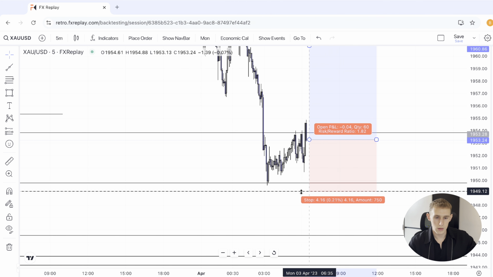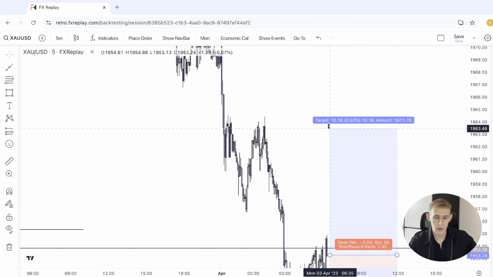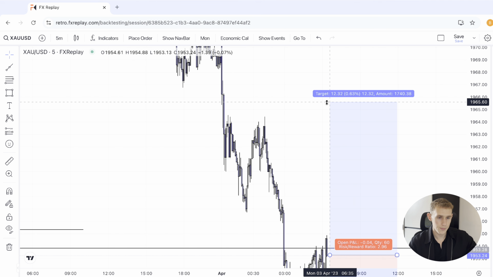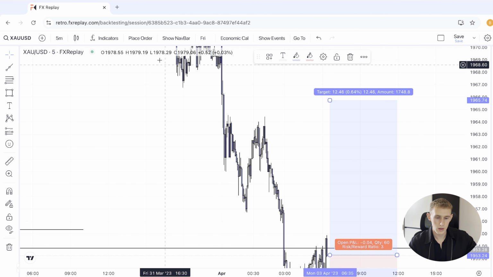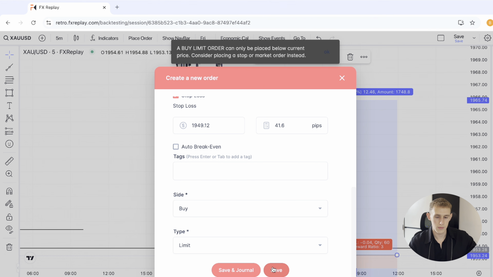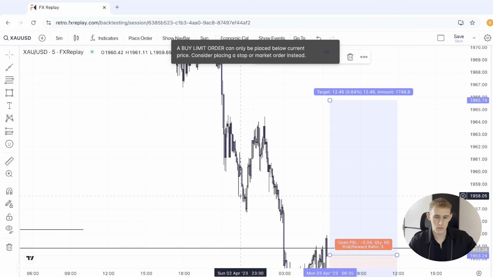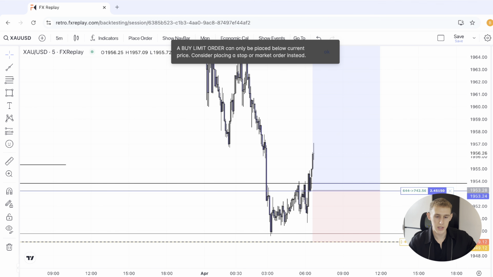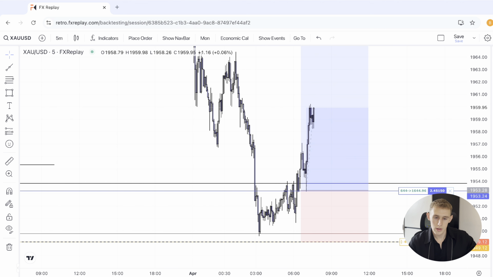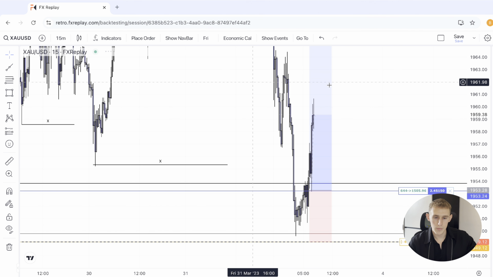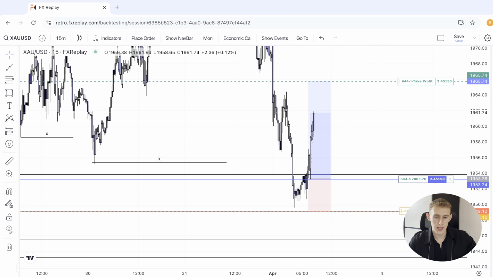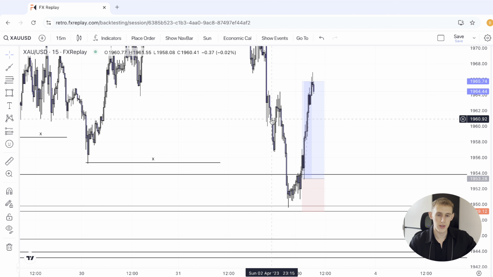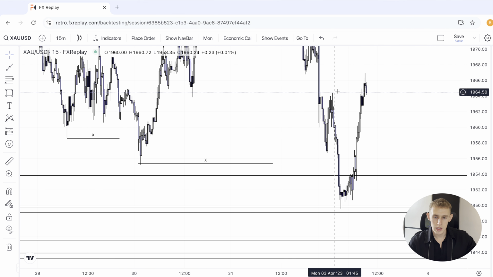And we can get a 1 to 3, which aligns quite nicely with this previous liquidity level. There we go, basically zero drawdown on that one. Nice, there we go. So previous liquidity level was hit.